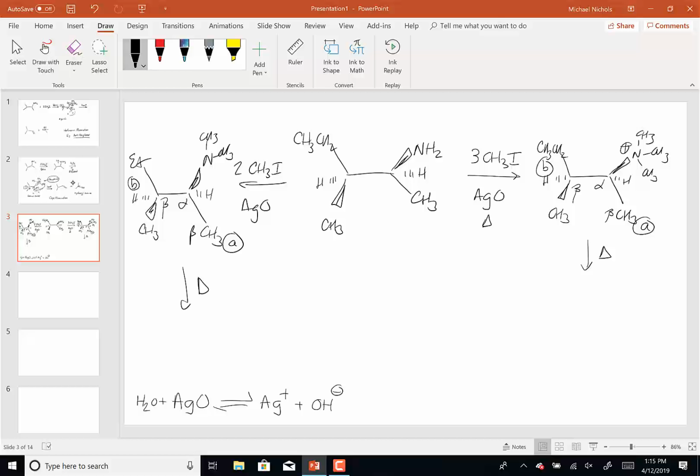If you have your card, you ready? Which hydrogen is going to be lost to form the major product, A or B?